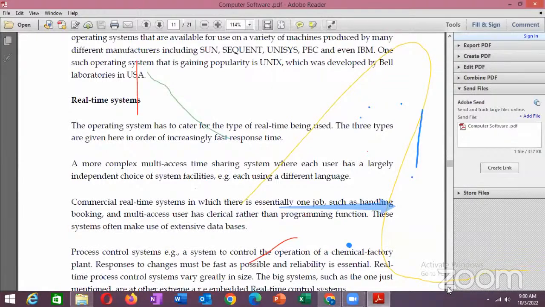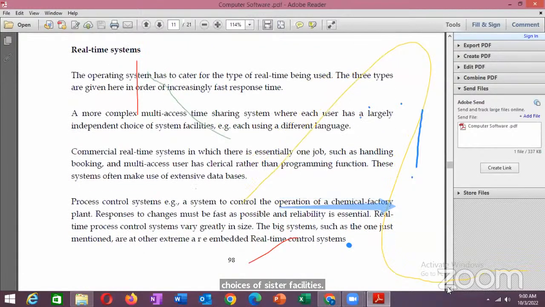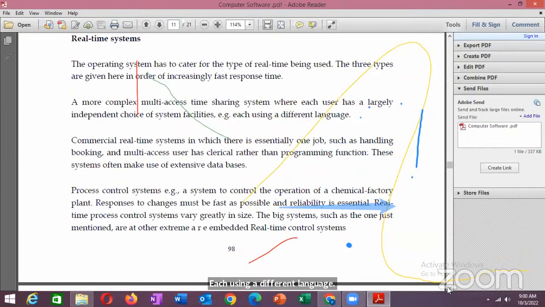First, a more complex multi-access time sharing system where each user has largely independent choices of system facilities, each using a different language. Then we have the commercial real-time systems in which there is essentially one job, such as booking, and the multi-access user has clerical rather than programming function.